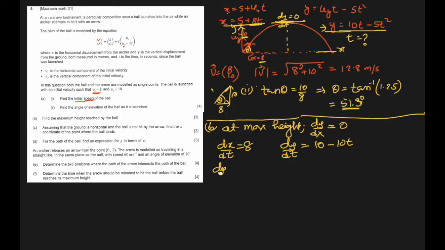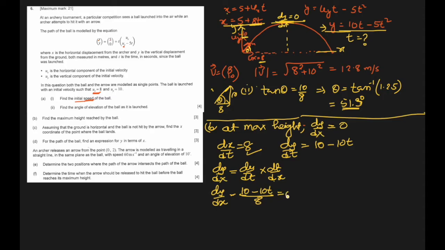So dy over dx will be equal to dy over dt times dt over dx. So dy over dx will be, dy over dt is 10 minus 10t, and dx over dt is known to us, but it is dt over dx. That means we have to reciprocate that 8, it becomes 1 over 8, multiply 1 over 8 means divide by 8, same thing.